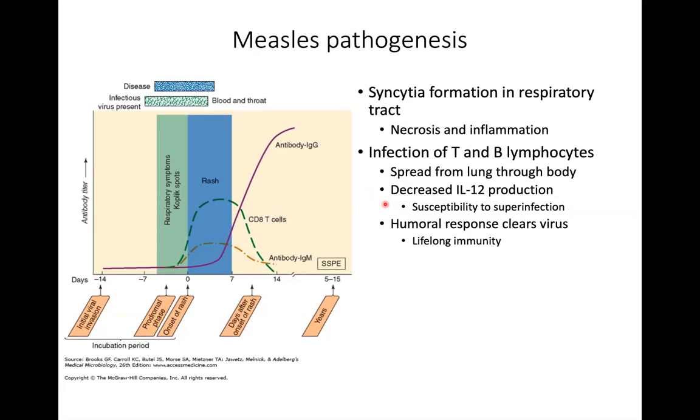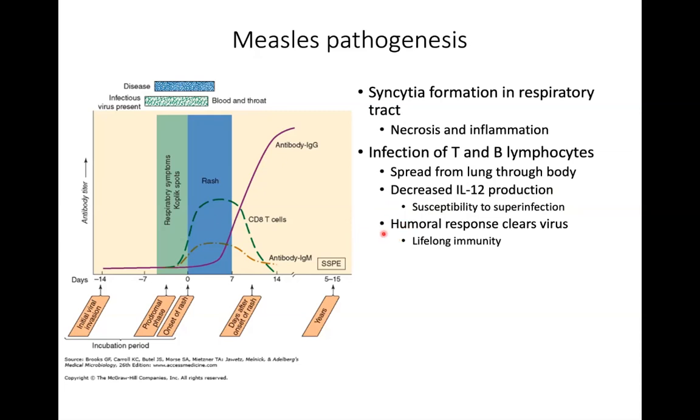So we skew the immune response to not be more toward our CD8 cells, but be more antibody mediated. And because we don't have as good an immune response, our patients are susceptible to superinfection with other viruses or with a variety of bacteria.